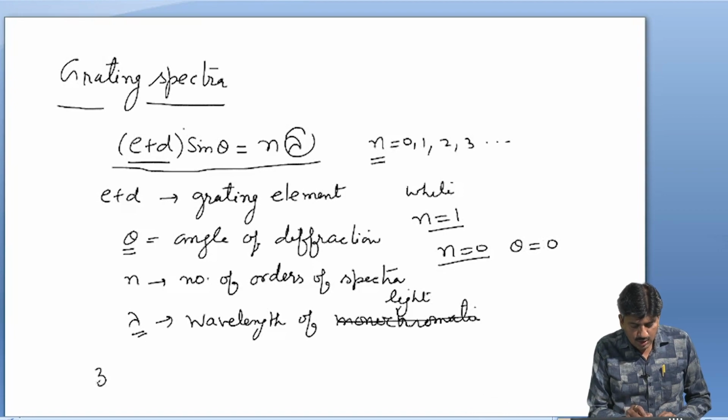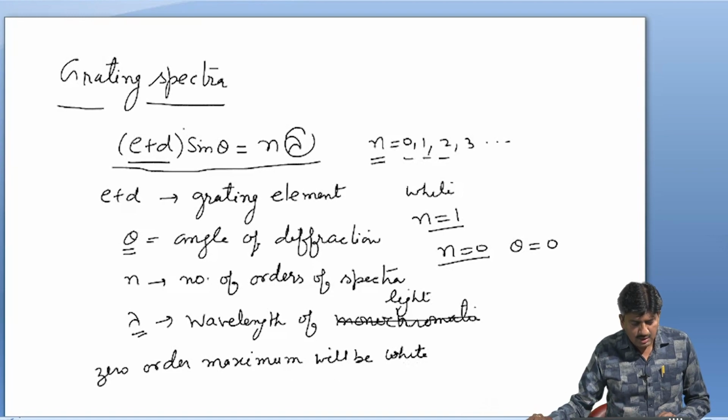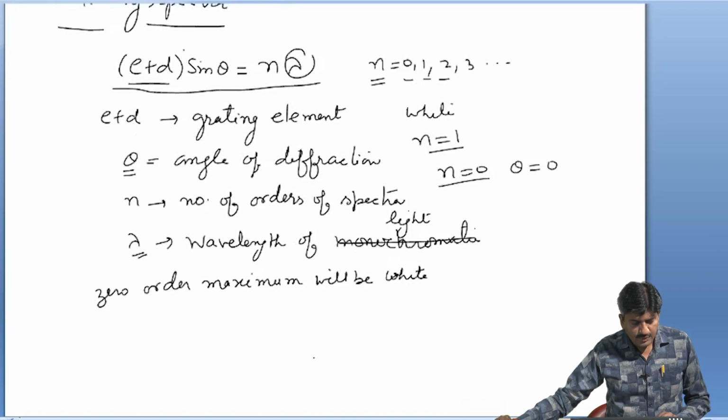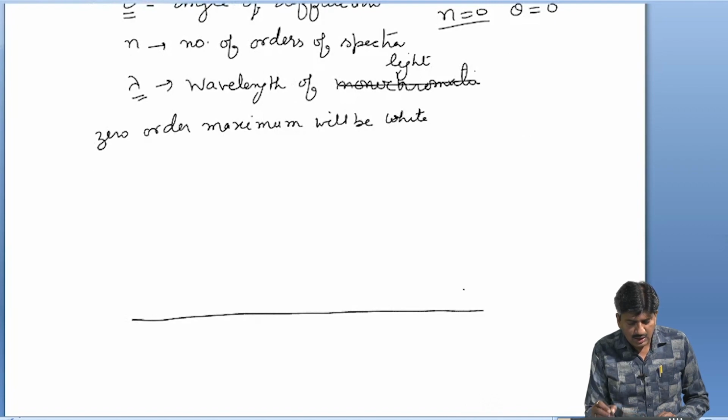Hence, the zero order maxima will be white, having on either side of it the first order spectra, second order spectra, and so on. Most of the light is concentrated in the zero order principal maximum, and the intensity goes on decreasing gradually as we go to higher order spectra, as shown in the grating spectrum.